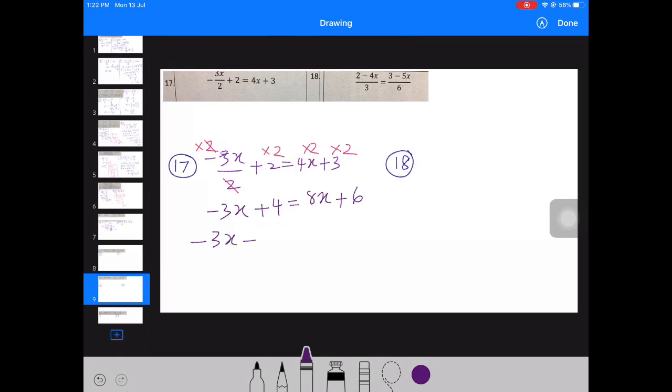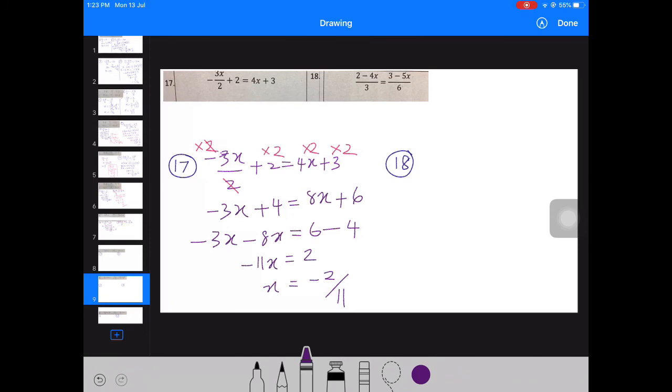You bring the 8x to the left, becomes minus 8x equals to 6 on the right remains. You just bring the plus 4 to the right, becomes minus 4. So negative 3x minus 8x is negative 11x equals to 6 minus 4 is 2. Therefore, x equals to negative 2 over 11. Okay.